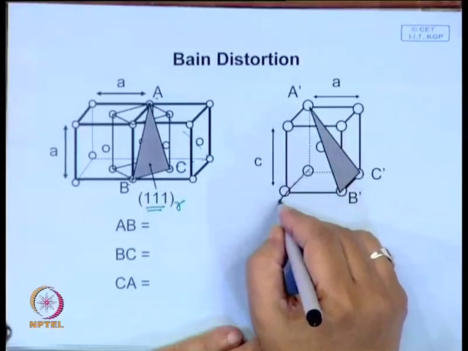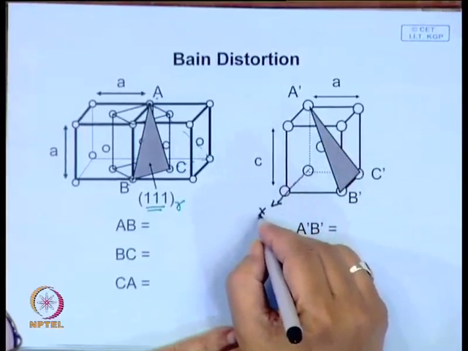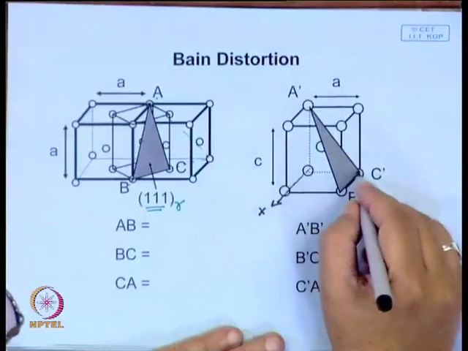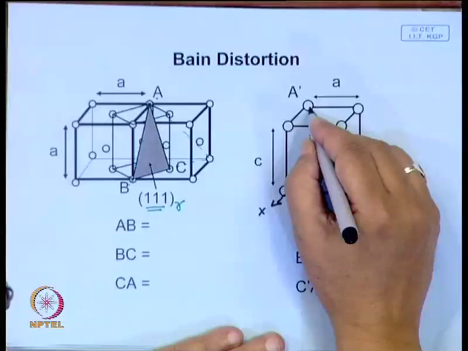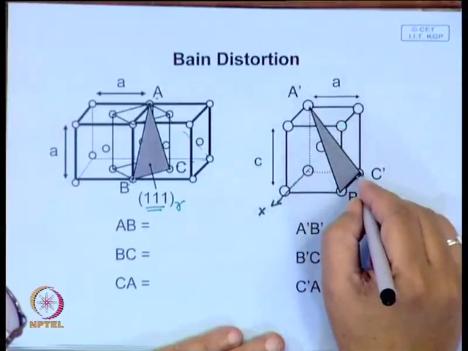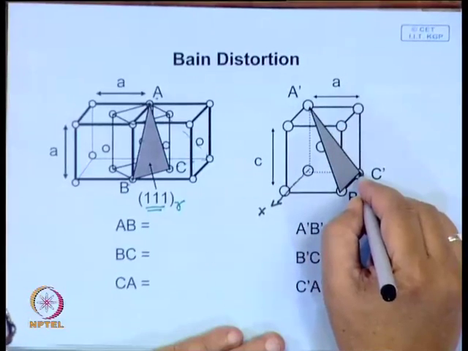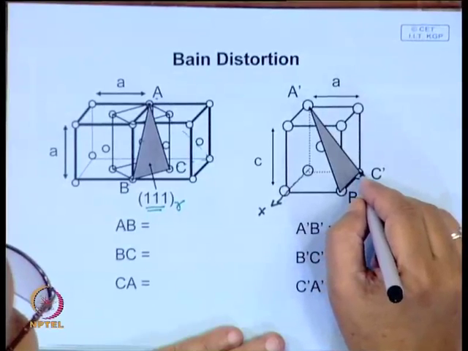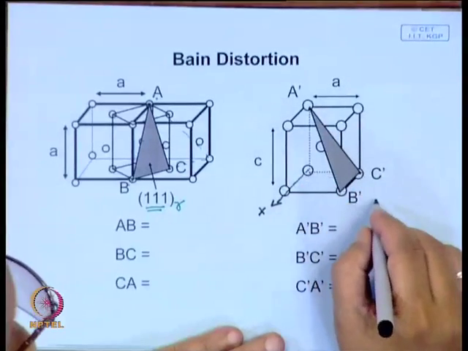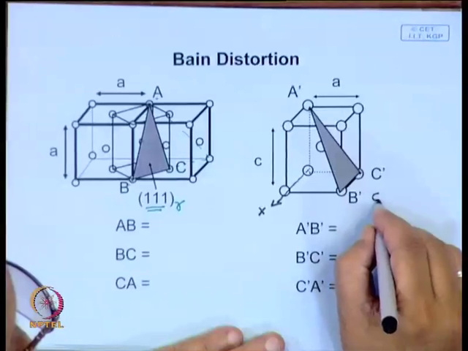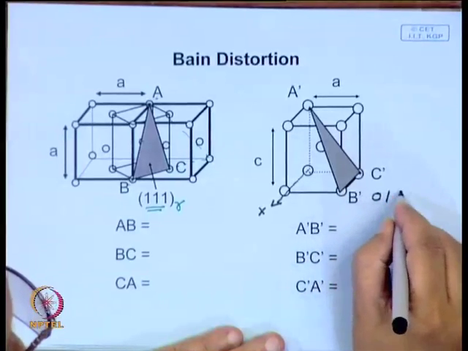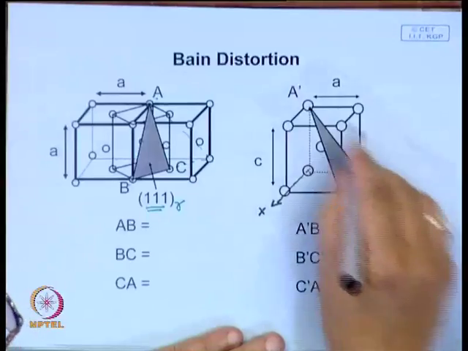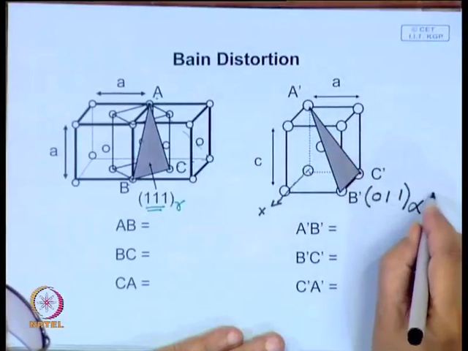It is parallel to the x axis, it intersects the z axis at 1, and it intersects this axis at 1. So, it is a 0 1 1 type of plane in ferrite or martensite.